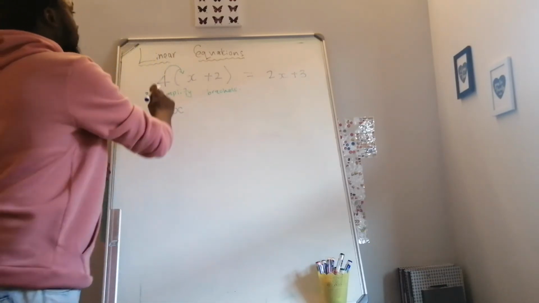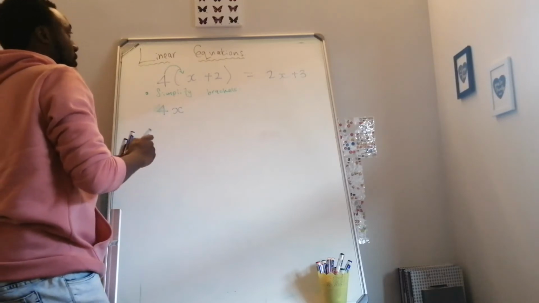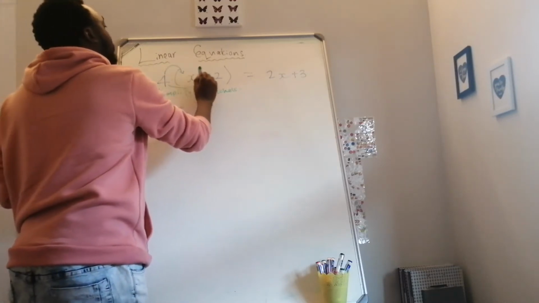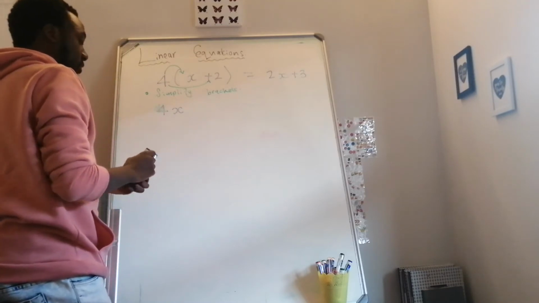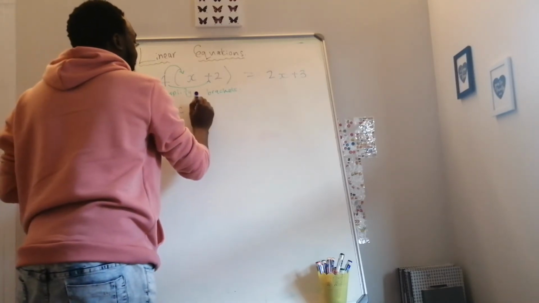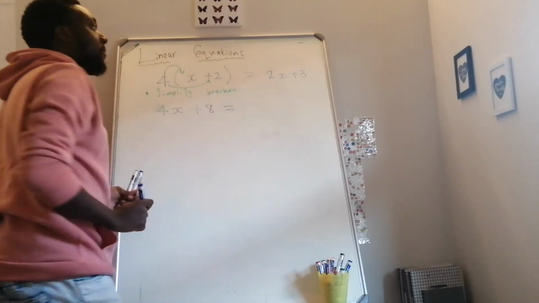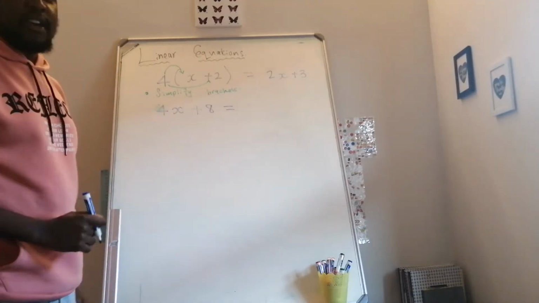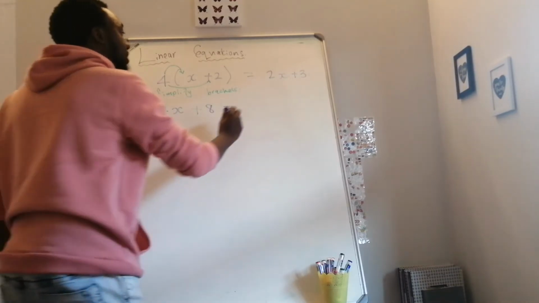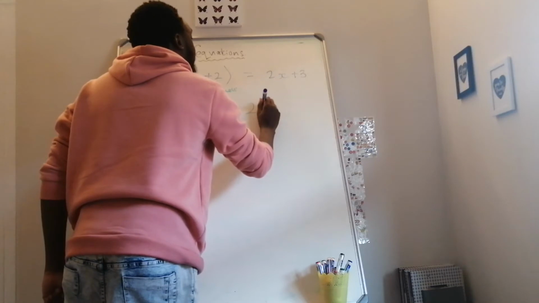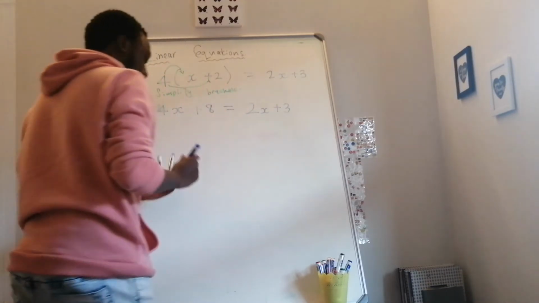And then the 4 will multiply with the 2, what do you get? You get 8, right? So you add your 8 there. On my right hand side, do I have brackets there? Don't have brackets, so I just leave it like that. It's 2x plus 3.